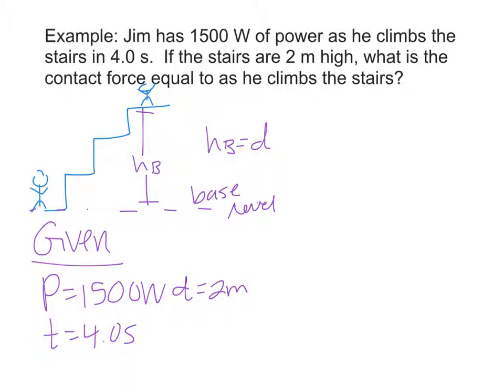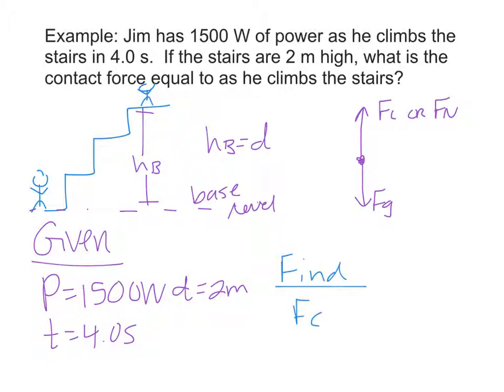And when we say contact force, we could also call it a normal force. He's got his weight going down, and then it's a contact force, or if you want to call it a normal force, from the stairs equal to the gravity as he goes up. And I say equal just because you pretty much usually climb stairs at a constant speed. So given all of that, we want to find what that contact force is equal to.